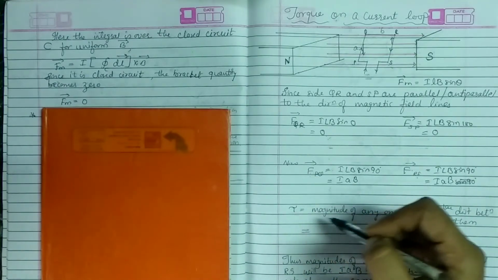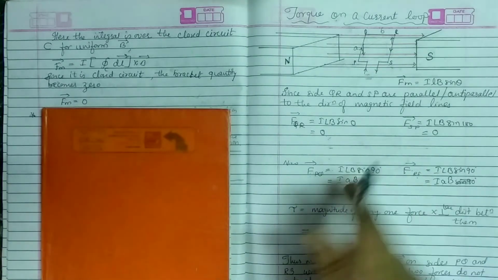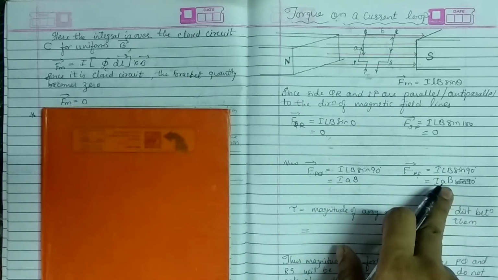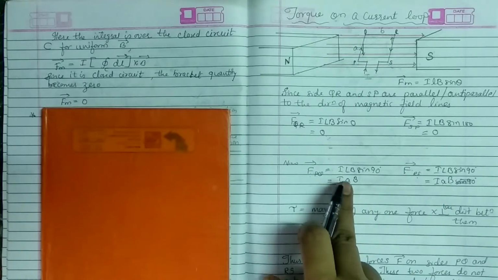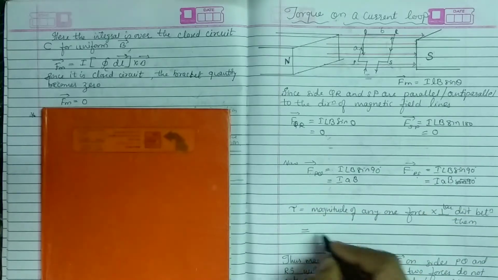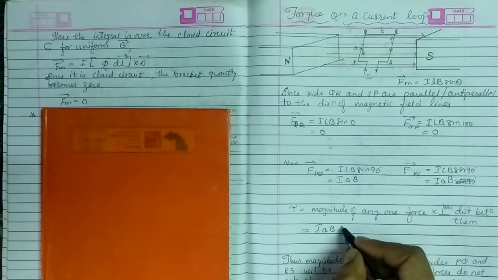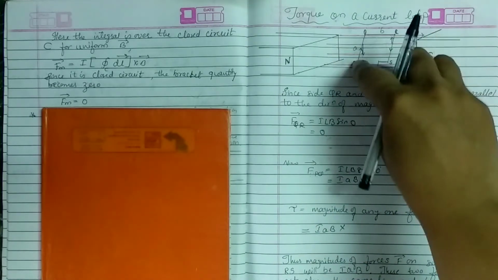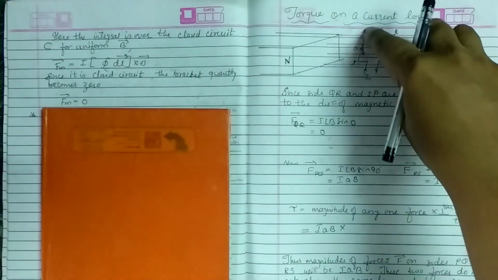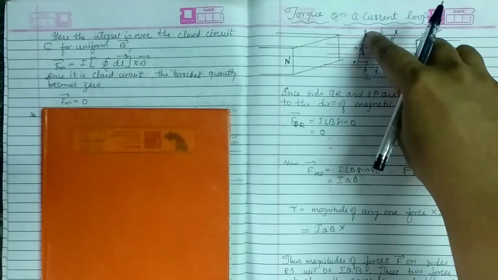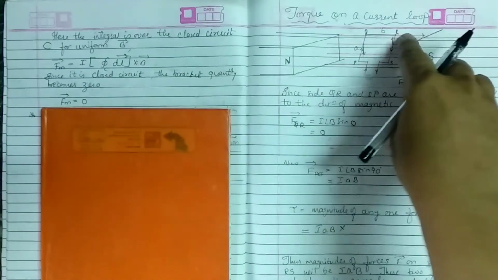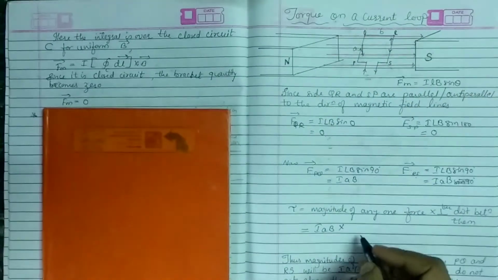The torque definition is like this: the magnitude of any one force. There are equal and opposite forces, but they are equal in magnitude. So take the magnitude of any one force, like IAB in both the cases, and the perpendicular distance between them. If these are the sides you are considering, the perpendicular distance between them is nothing but small b in this case.